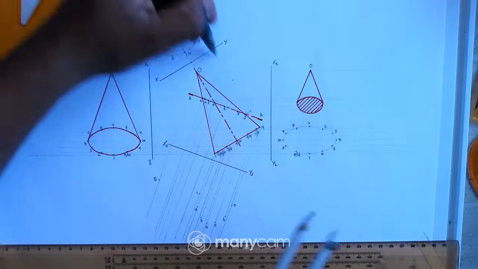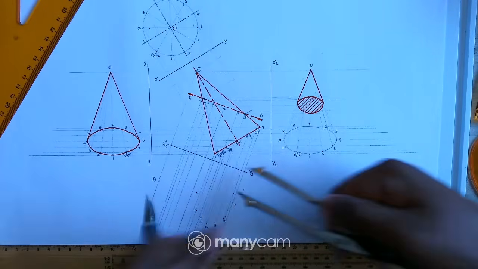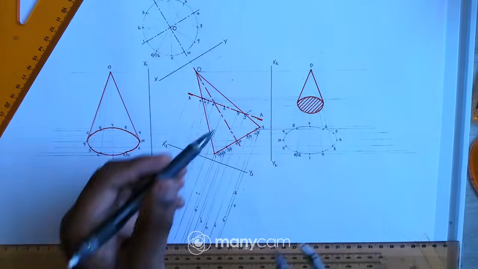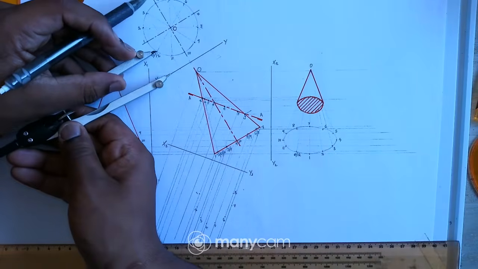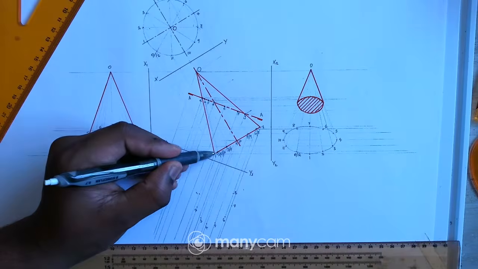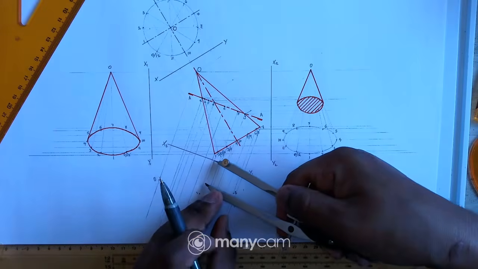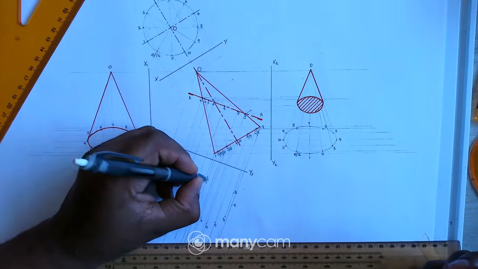Okay, point 8. Where is 8? 8 is there on this line, so I have to mark that point. So this is point 8. So point 8 and this point, they have the same distance, which is 0 and 12 there. So those points are here on this line, so I can just mark that point. So here I have 0 and 12.